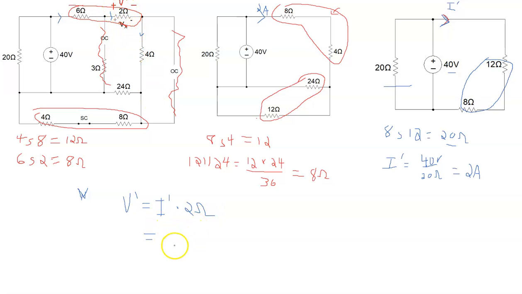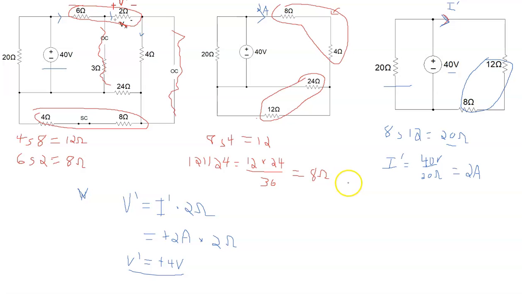So this is a positive sign down here: plus 2 amps times 2 ohms. That means V prime is equal to plus 4 volts. Okay, so that is the contribution of the voltage across the 2 ohm resistor from the 40 volt source.